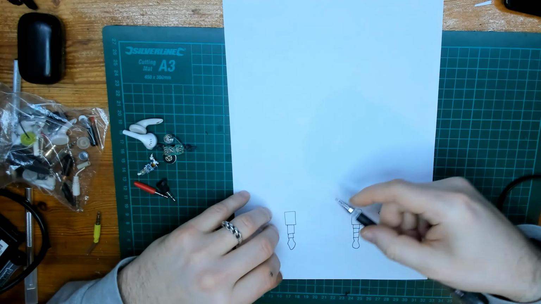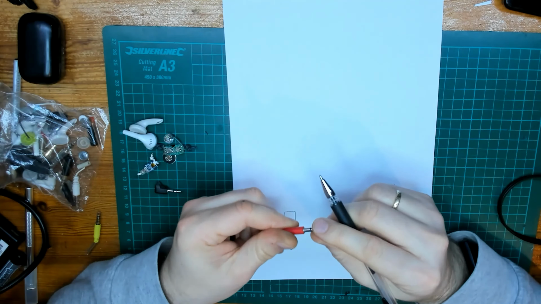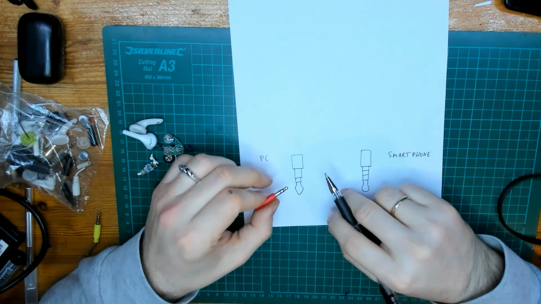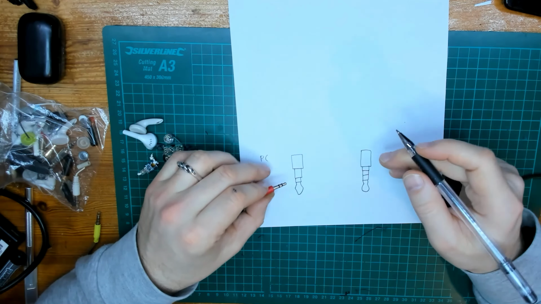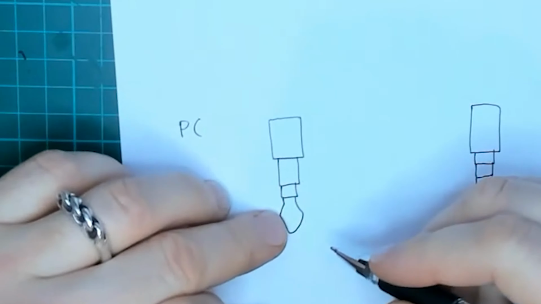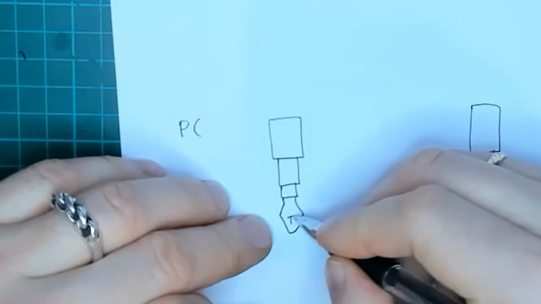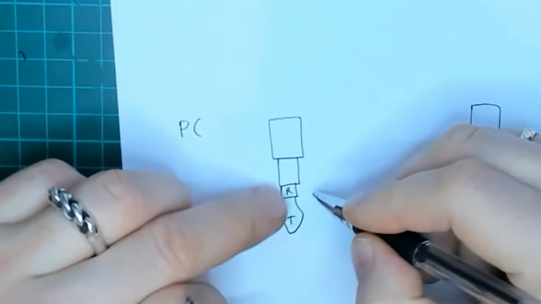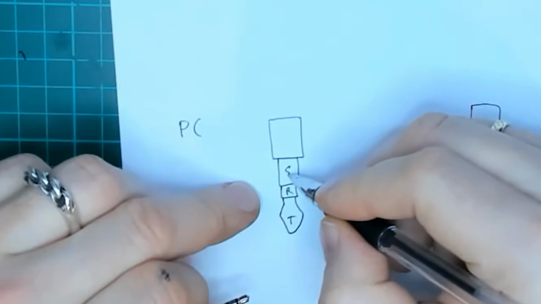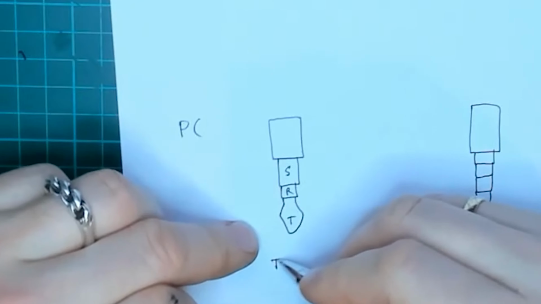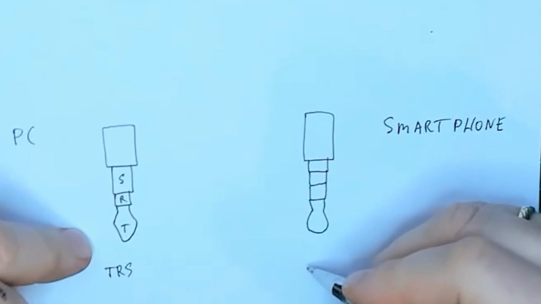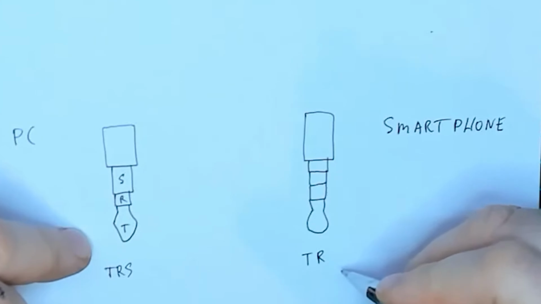In case of the 3.5 millimeter jacks, there are several types of these. These are called T, R, S: tip, ring, sleeve. So this would be TRS, and this would be TRS.